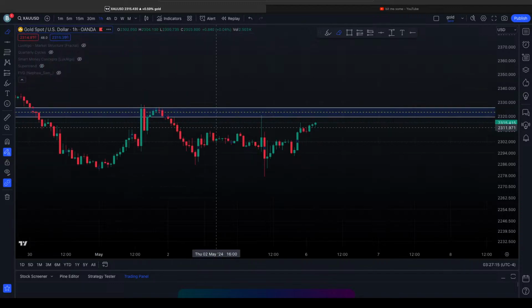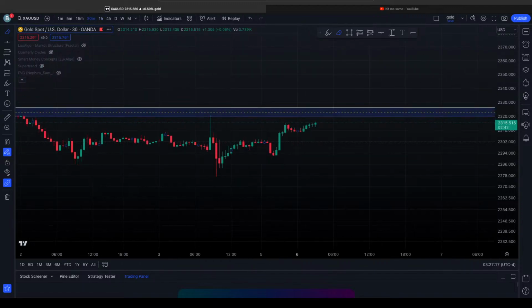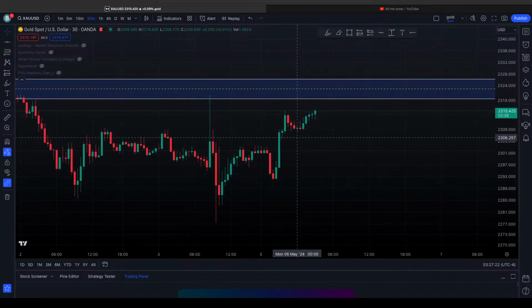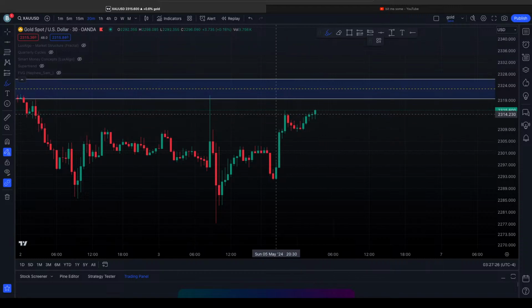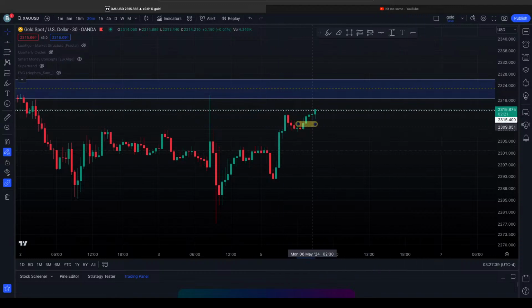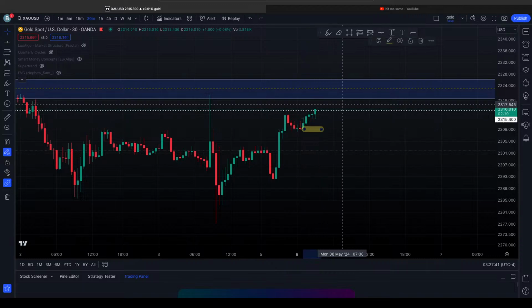It's looking like it's possibly gonna head that way. I'm wondering if I should. Well, my idea is kind of this idea right here, but I do see this being a high. So what I'm thinking could possibly happen is that this could be broken first, and then if that gets broken, then we might fill back down this range.